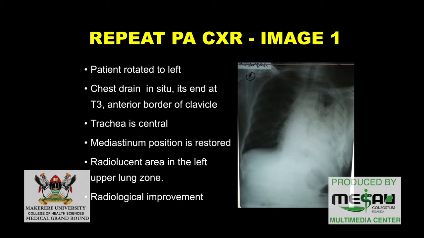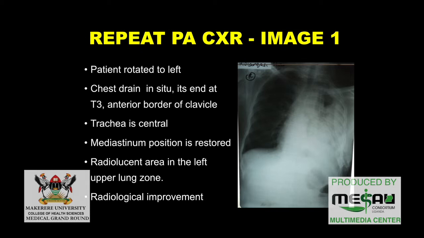And there is the trachea. We appreciate that right now the trachea is central, compared to the first images where it was more deviated to the right. Even the mediastinum is more central, but we still appreciate the silhouette sign. The cardiac border is obliterated by the opacity, and in this radiograph we can appreciate different densities. We have this radiolucent density, which is devoid of lung markings.